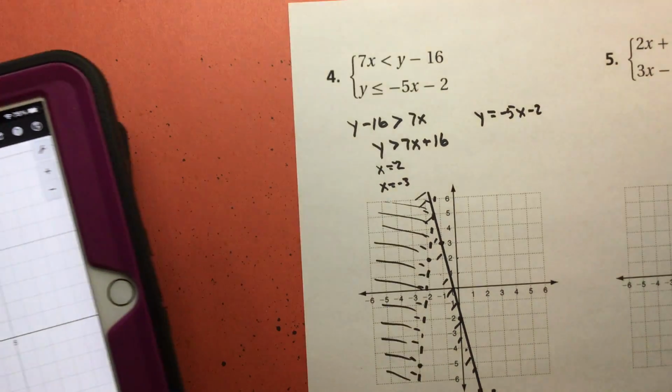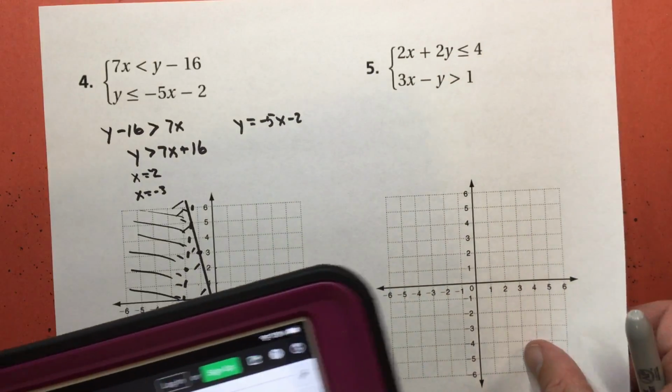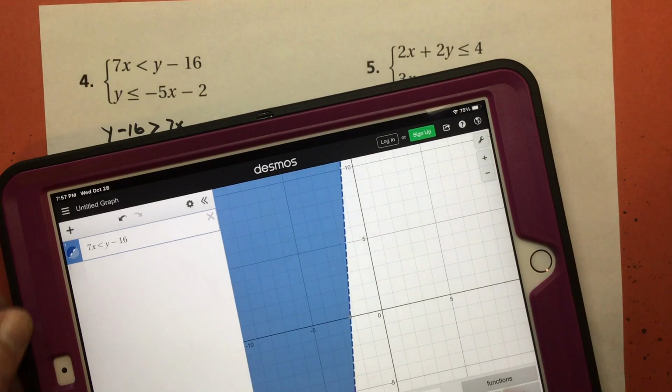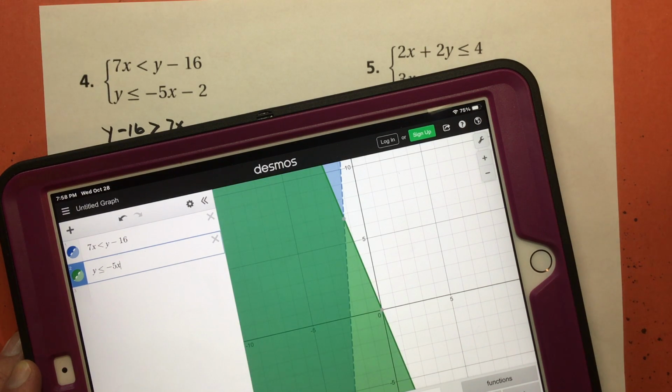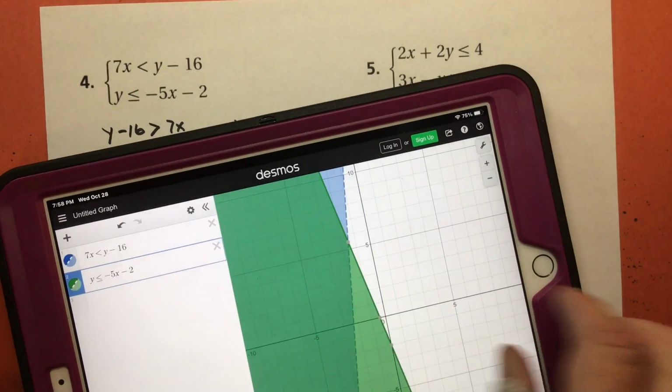All right? For the other, I get y equals negative. I tell you, I don't like using this pop-up keyboard. There's nothing wrong with it. It's just things aren't where I'm expecting them to be. I'm so used to the other thing. Okay.